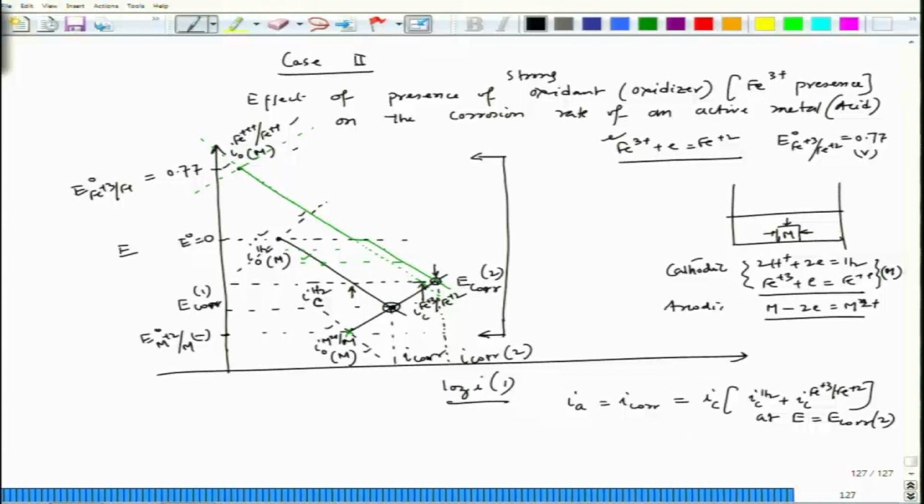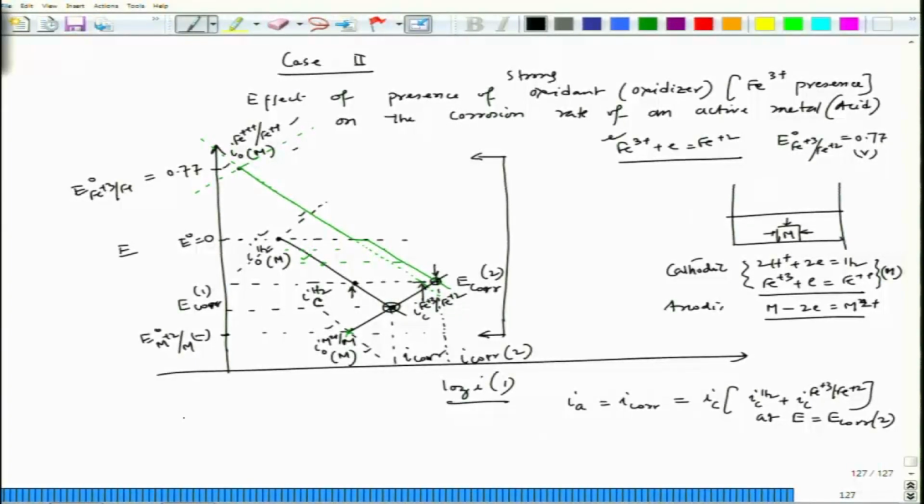But once we have Fe+3, the corrosion rate is increasing, but the rate of hydrogen evolution on the zinc surface is decreasing as compared to the rate it should have been without Fe+3 in the solution. So the hydrogen bubble formation on the metal is reduced somewhat, and this reduction is coming because of the depolarization effect.